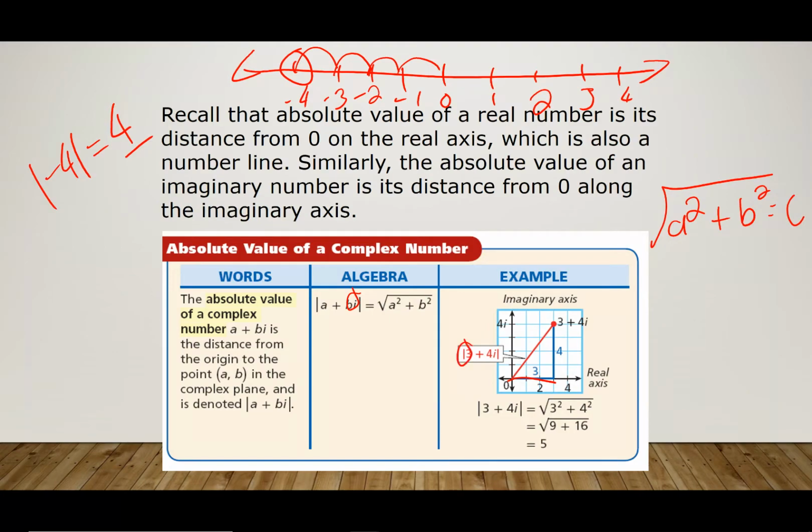If the real number is 3, then you're going 3 places over. And if the imaginary part is 4i, then you're just going 4 places up. We just need the distances themselves, which is 3 and 4. And you can see that's what they use in the formula for a and b.